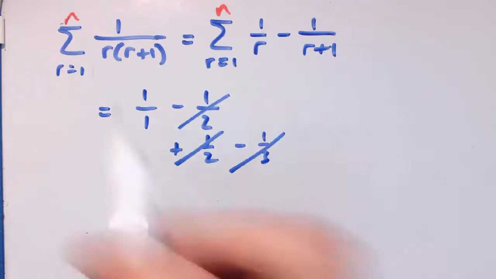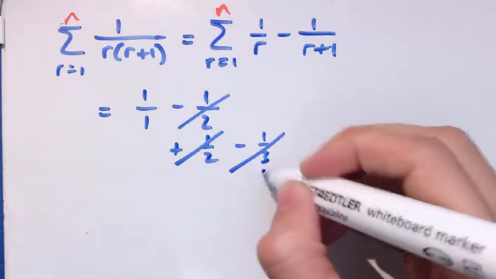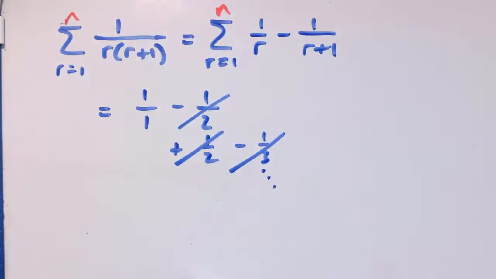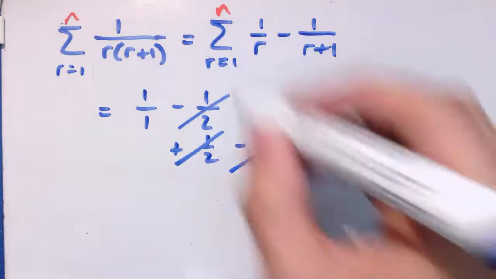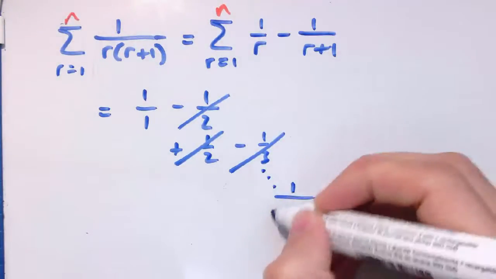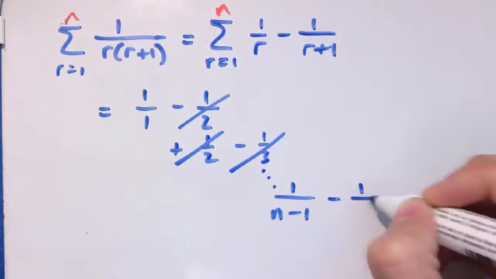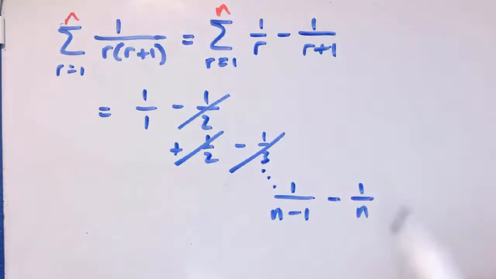And in fact, if I wanted to do the sum up to n instead of just up to 30, we'd do exactly the same thing. I'm going to start by putting in 1, 2, 3, etc. Let's just think about the terms we get at the end. So when I put in n minus 1, I'll have 1 over n minus 1 minus 1 over n minus 1 plus 1, so 1 over n. And when I put in n, I'll get plus 1 over n minus 1 over n plus 1.